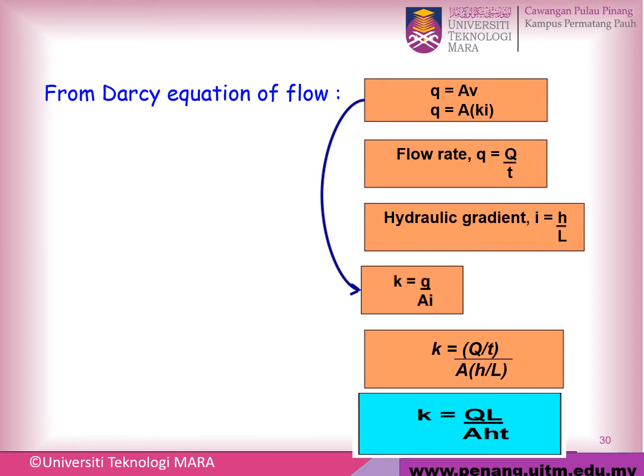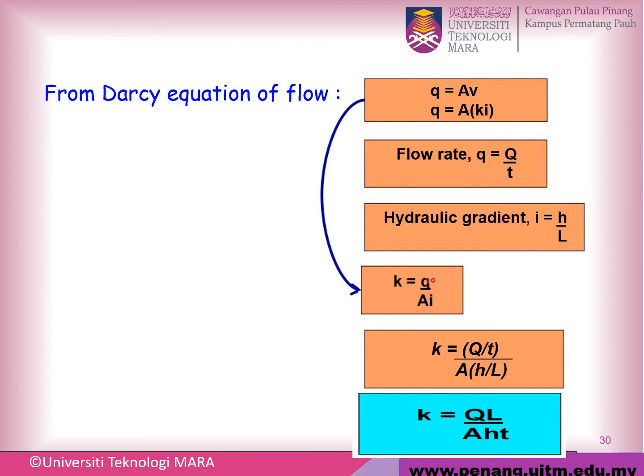Alright, this is the Darcy equation of flow. Q is equal to AV, and you know that V is equal to Ki. So Q is equal to AKi, and K is equal to Q divided by Ai.